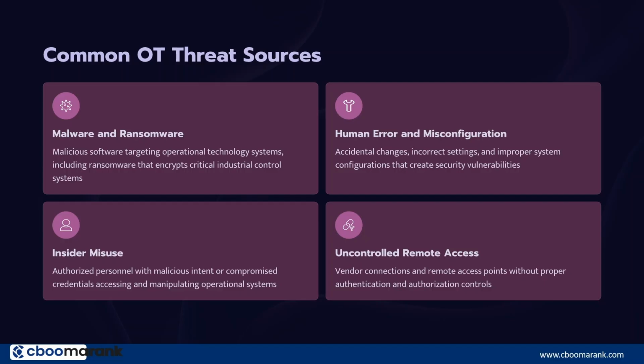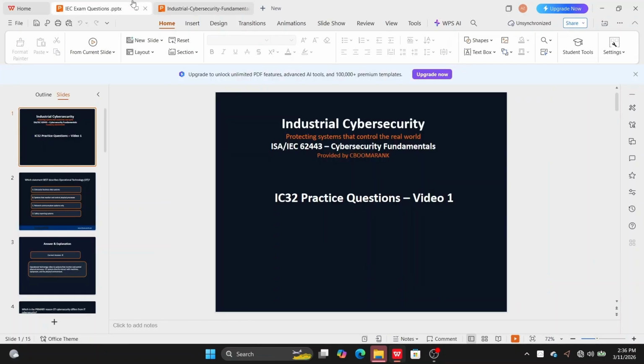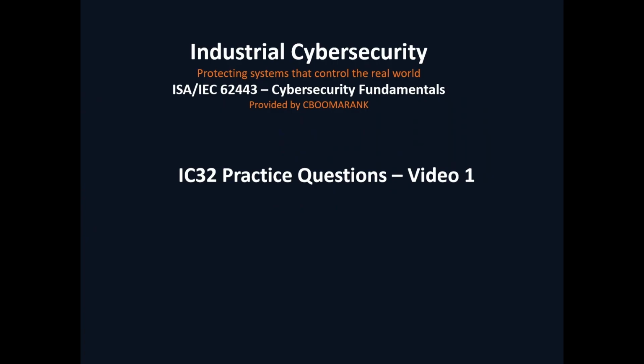Now that we have completed the foundational concepts for industrial cybersecurity, let's reinforce what we have learned using IC32 style security practice questions. These questions are designed to help you think the way the exam expects you to think, focusing on the concepts, priorities, and real world reasoning.